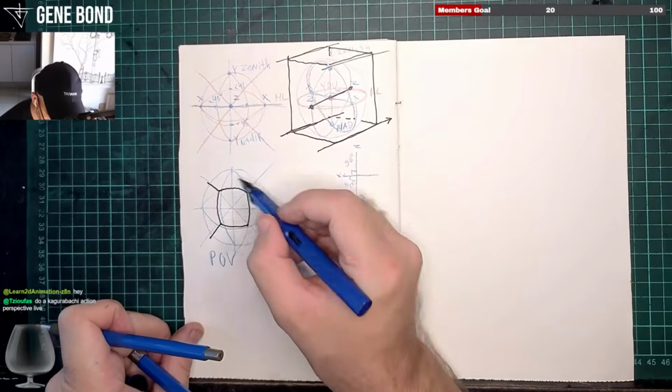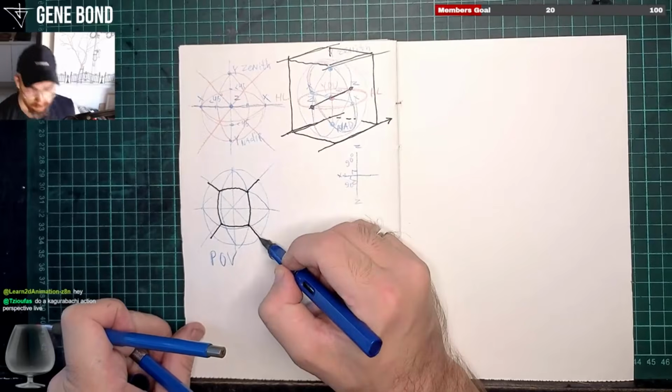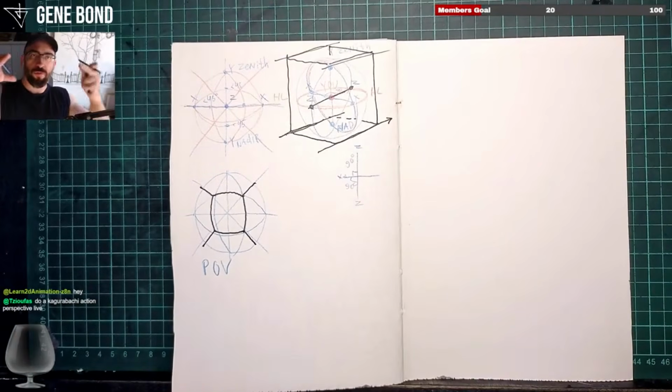So we see this typical 5-point perspective curved space.